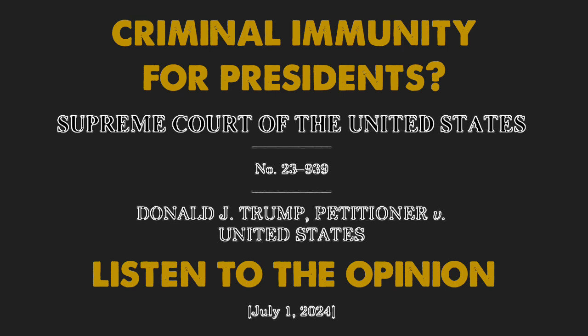Applying a criminal prohibition to the president's conversations discussing such matters with the vice president, even though they concern his role as president of the Senate, may well hinder the president's ability to perform his constitutional functions.